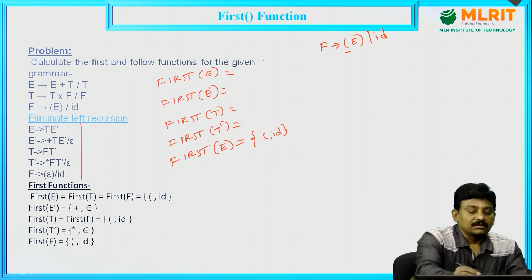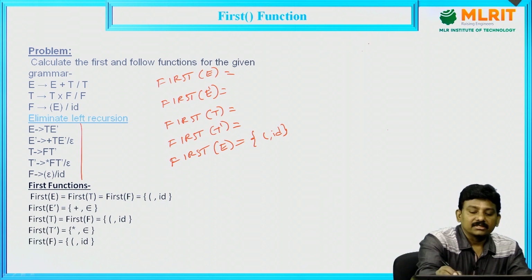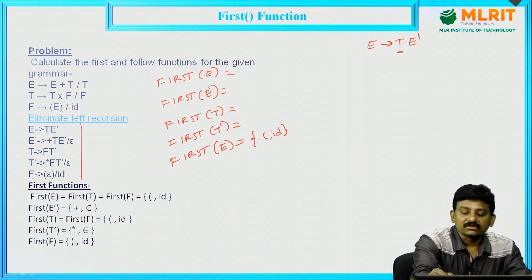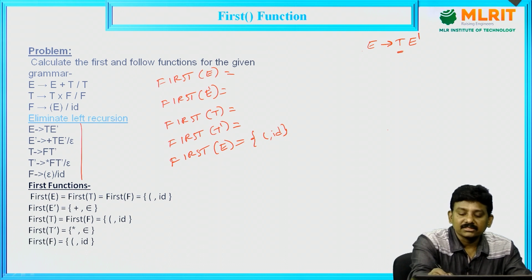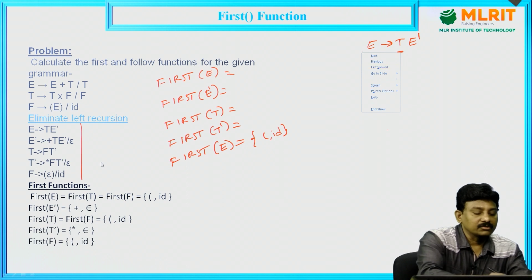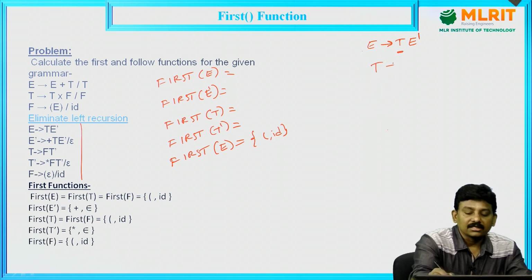Then calculate first of E. E derives T E dash. First of E is first of its first symbol, T, which is a non-terminal, so we have to calculate first of T. Go to the T rule: T derives F T dash. So first of T is first of F. F derives (E) or ID.